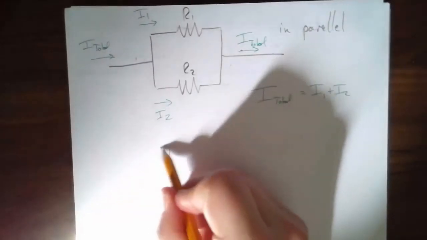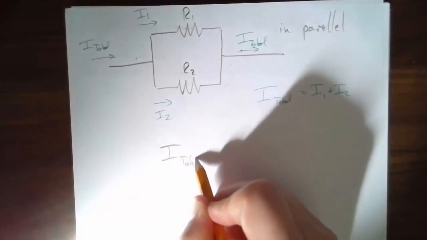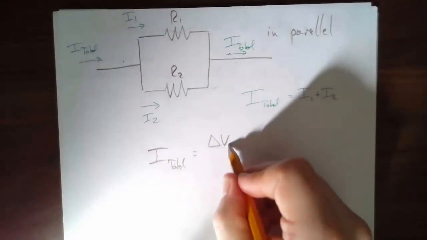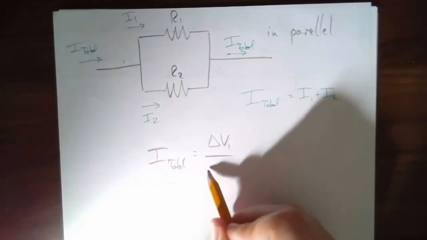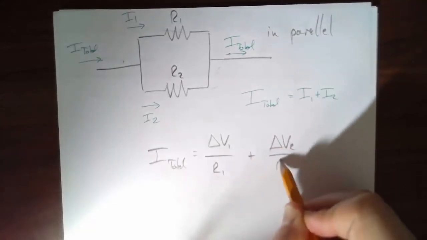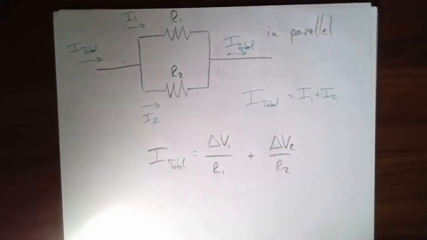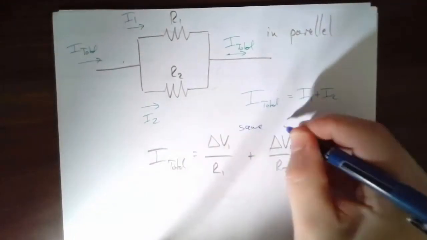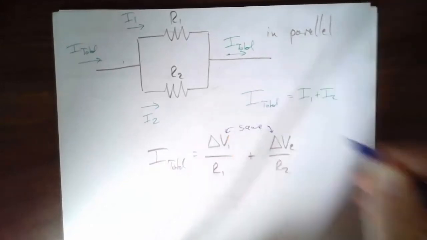So let's use Ohm's law here. I have that I total is equal to I1 plus I2, and we write it as delta V1 over R1 plus delta V2 over R2. But crucially, the voltage difference is the same, right?